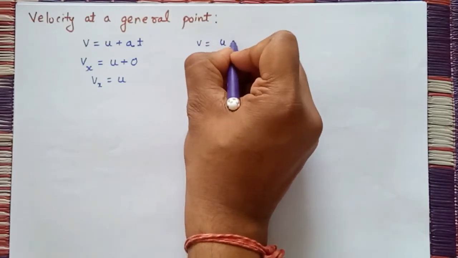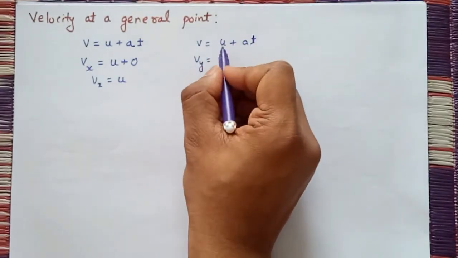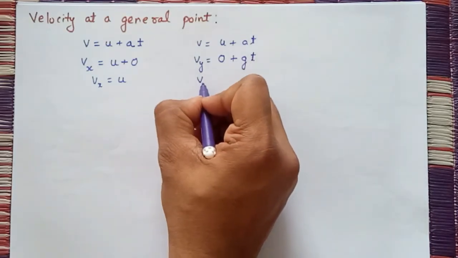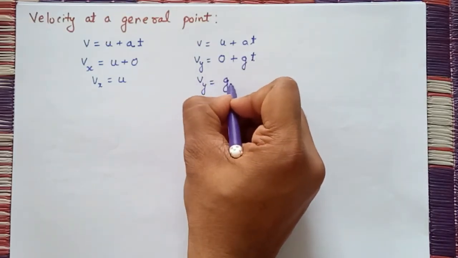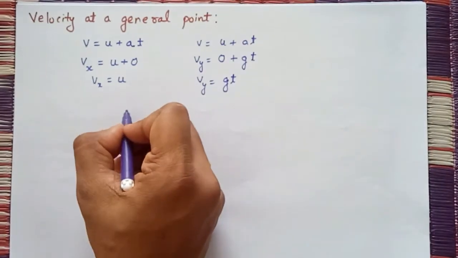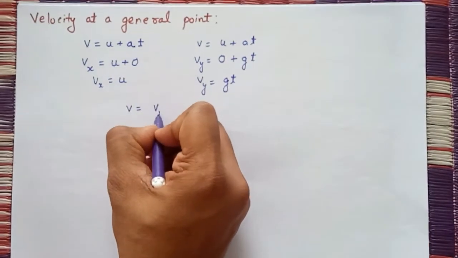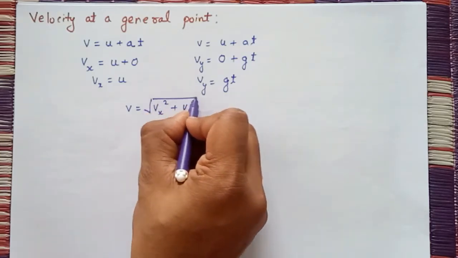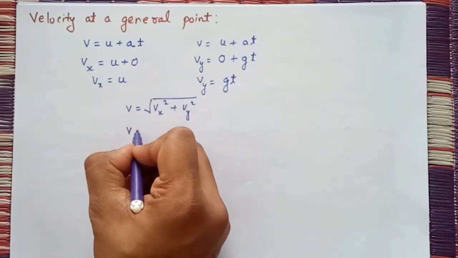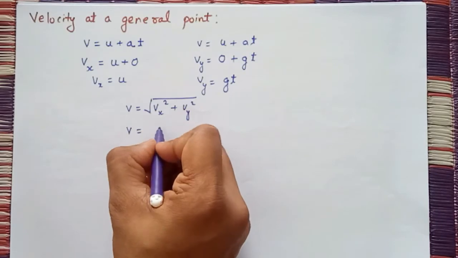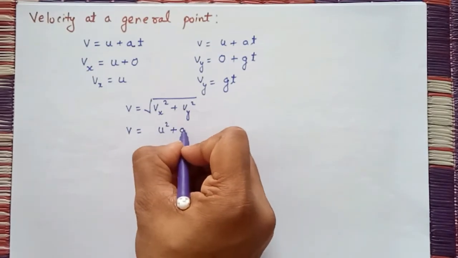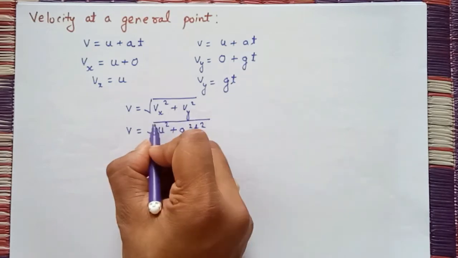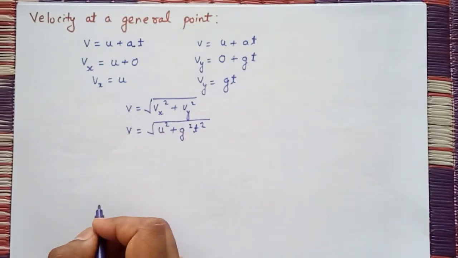Applying v = u + at again, in the vertical direction, u was 0, acceleration was small g, and time was t. So what will be vy? vy will be gt. So the final velocity v can be given as the root of vx² + vy². So v will be equal to the root of u² + g²t². This is the velocity of the projectile at any point.